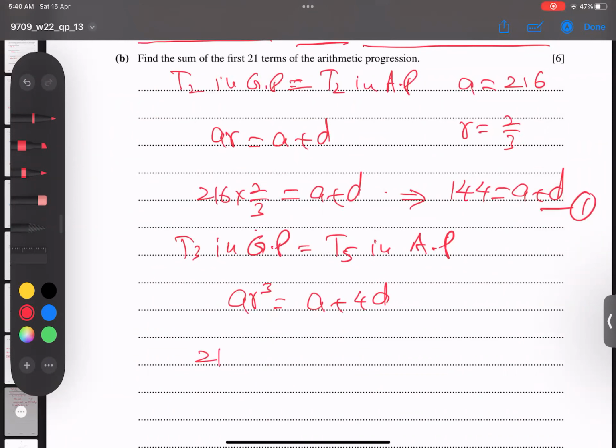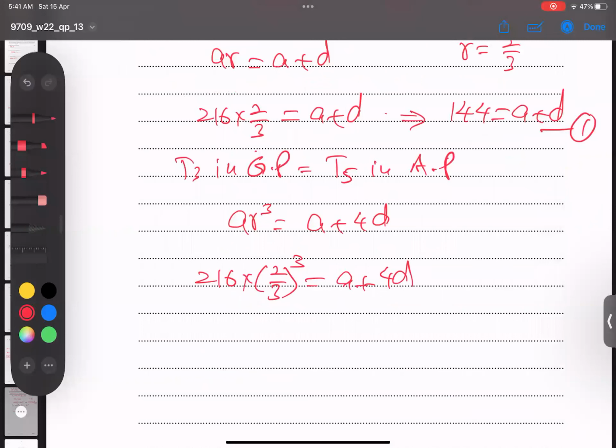So A is 216 times 2 by 3 to the power 2, and A plus 4D remains as it is. So 216 times 2 divided by 3 squared, I get 64. So 64 equals A plus 4D. Equation number 2 is also gained.